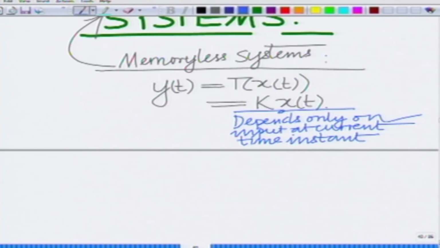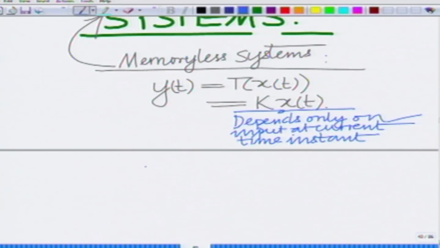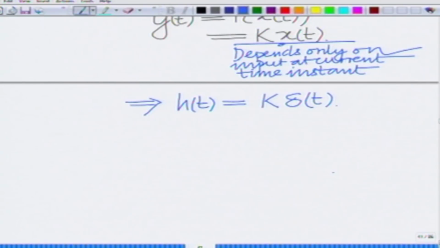That is known as a memoryless system, one that does not have memory, and hence the corresponding impulse response h of t would be k times delta of t, because the output depends only on the current input.